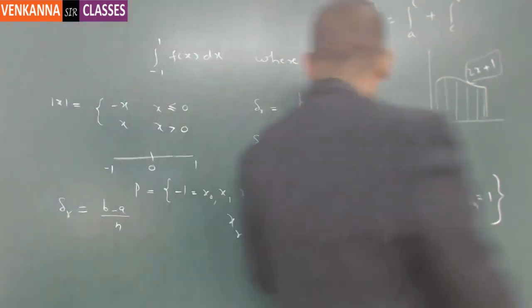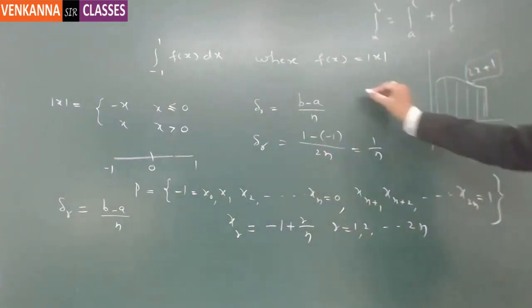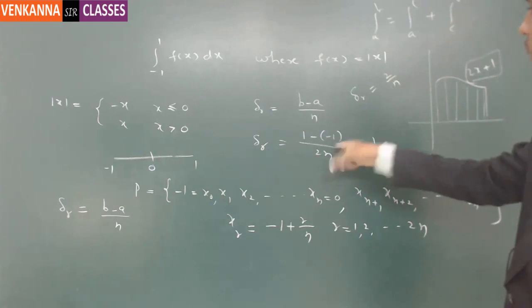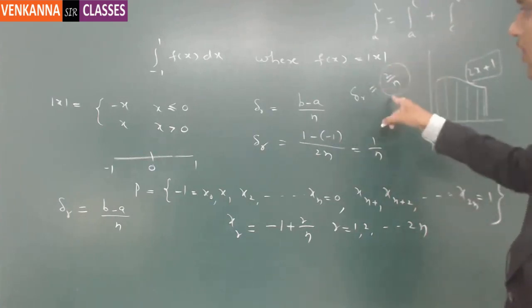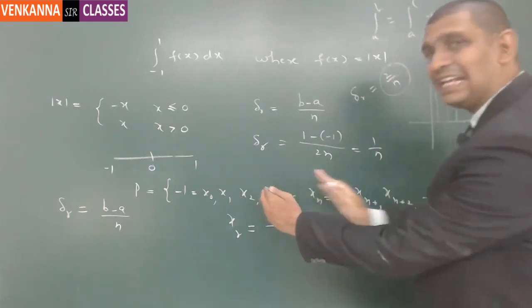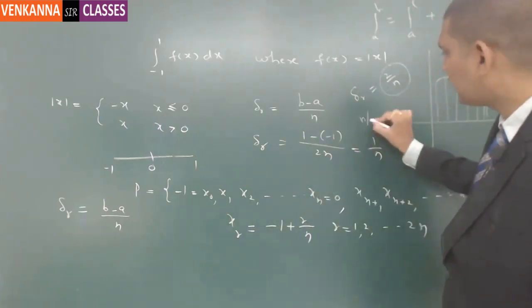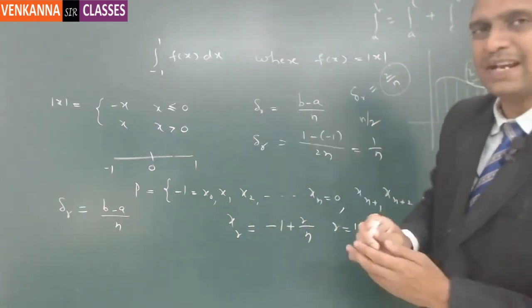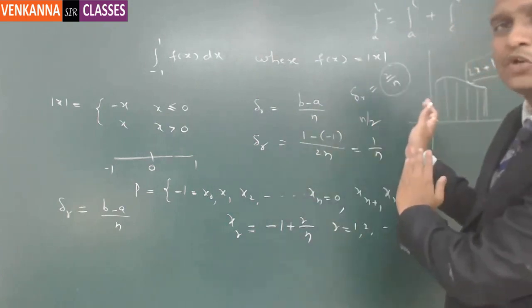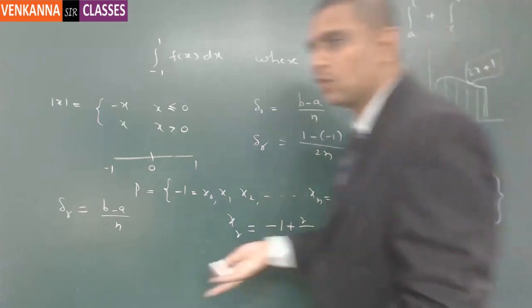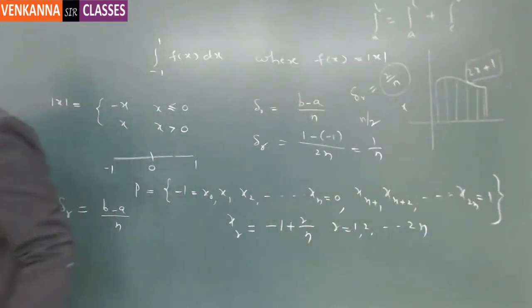If you have a confusion why 2n is there, you can take delta r is equal to 2 by n, that is 1 minus of -1. This is 2 by n. No change at all. But while calculating the sum, you have a doubt. Because for the first n by 2 values, the function is minus x. For the remaining n by 2 to n values, its value is x. That also you can do. No change at all. In that way also you can do the problem.